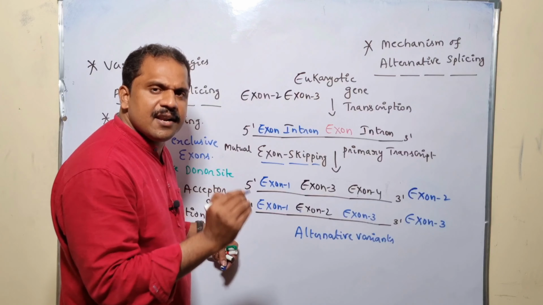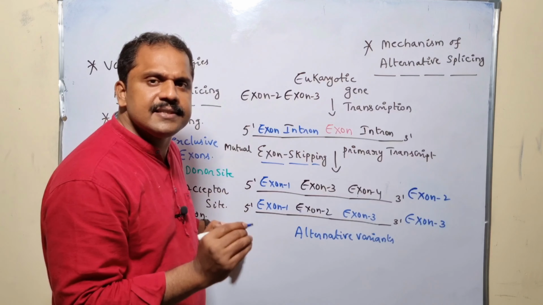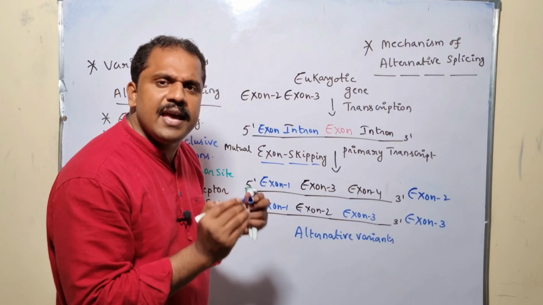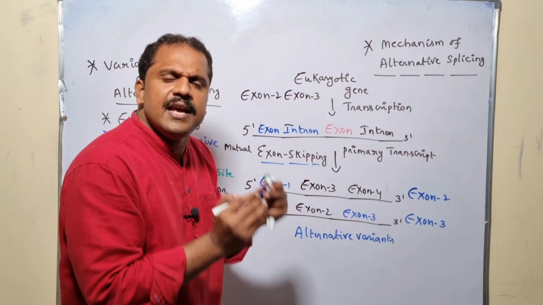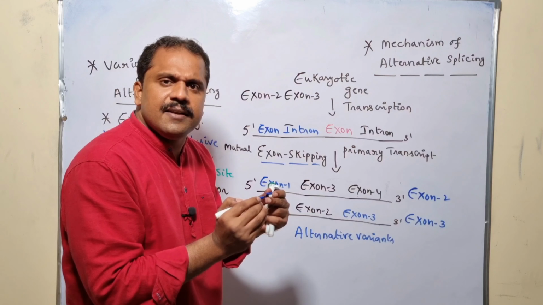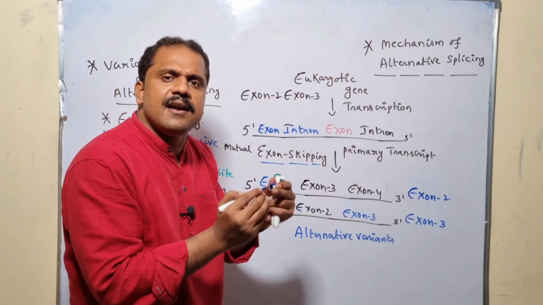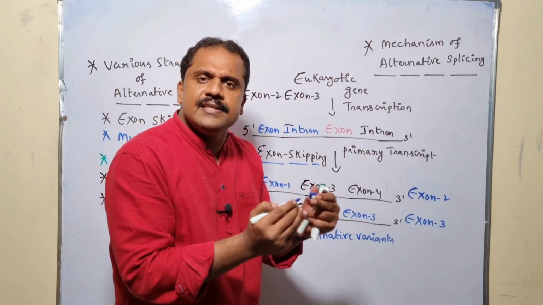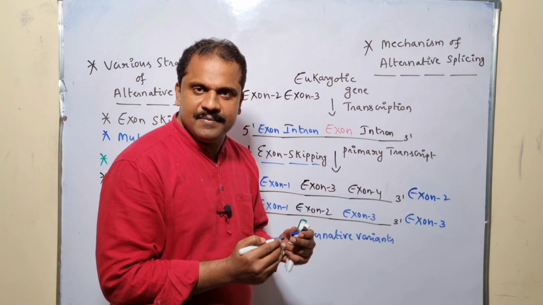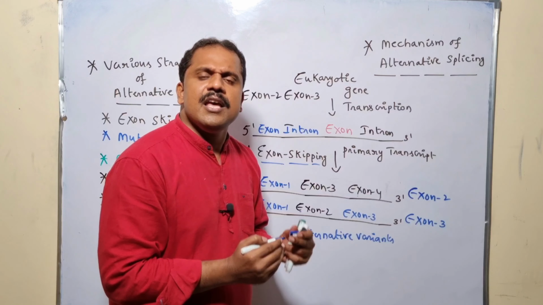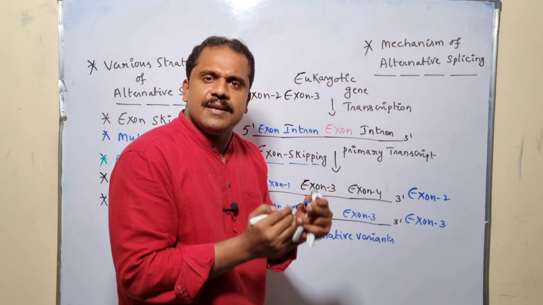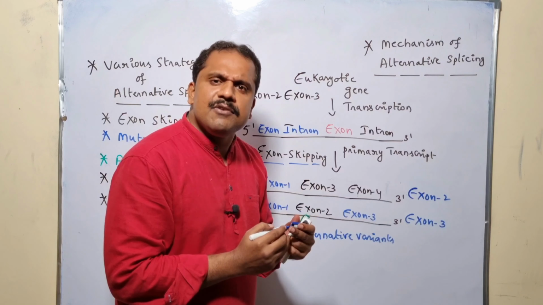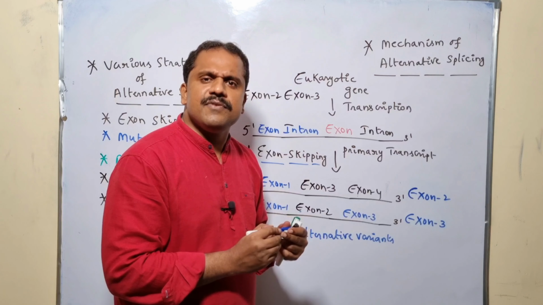The two exons do not both get expressed in either alternative variant. In one variant one particular exon is not expressed, and in the other variant the other exon is not expressed. Is it clear? So this is mutually exclusive exon skipping.